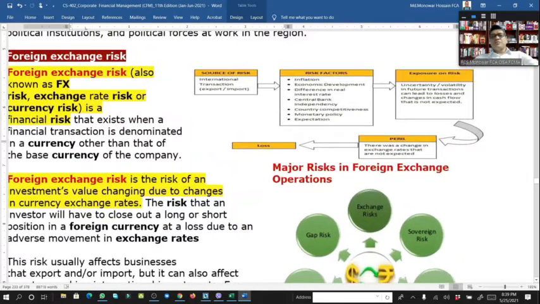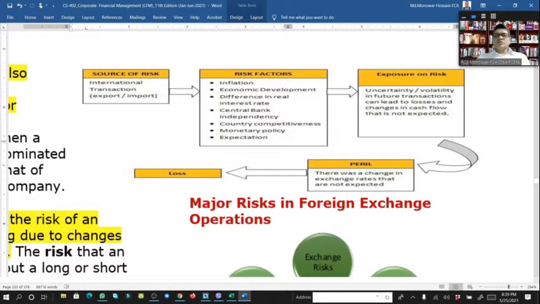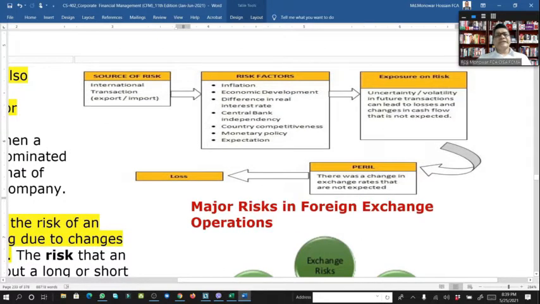So in foreign exchange operation, if we see what would be the source of risks: international transactions by export or import. And risk factors are inflation, economic development, difference in real interest rates, central bank independence, country competitiveness, monetary policy of the country, expectations of investors, and exposure to risk, uncertainty, volatility in future transactions, which can lead to unexpected changes in cash flow.